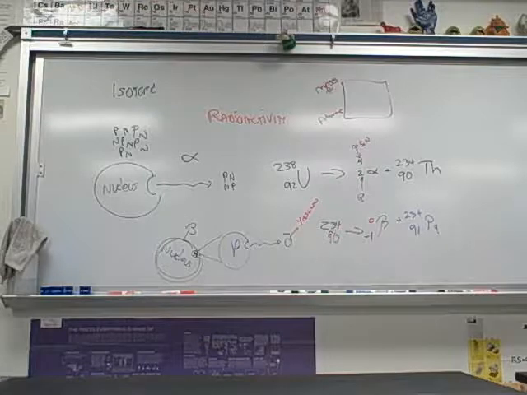The only reason something is an element is because it has that many protons. Yep, you're always going to get an element. Always. And it'll always be whole numbers, so you know you're good. Okay? Is that good so far?